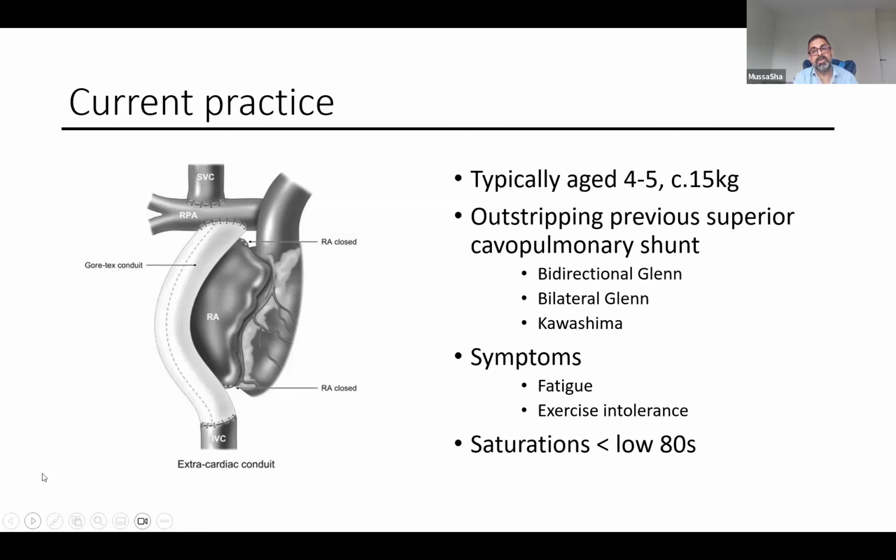And in that situation, when you do a superior cava pulmonary connection, we call that a Kawashima operation.